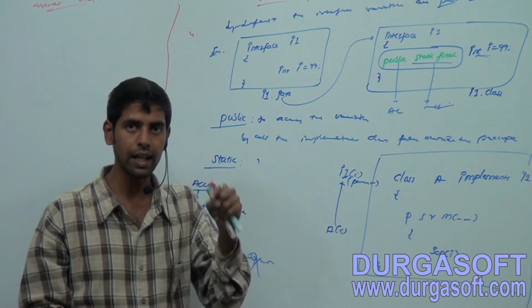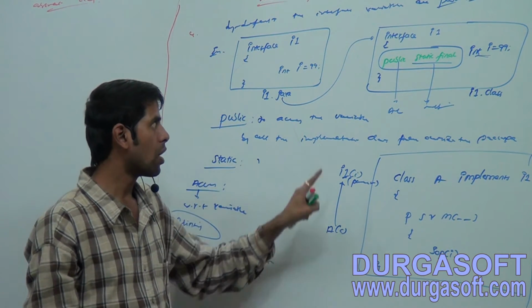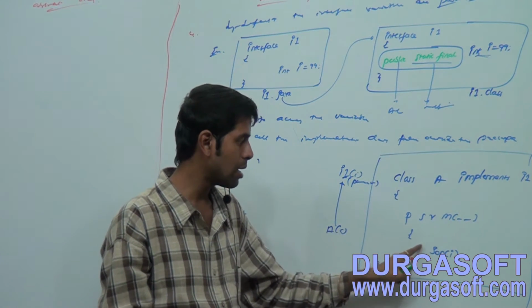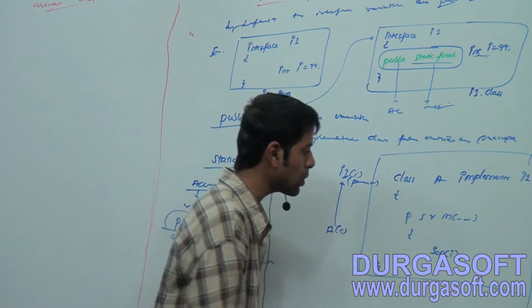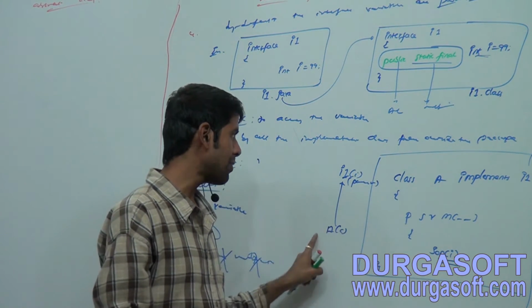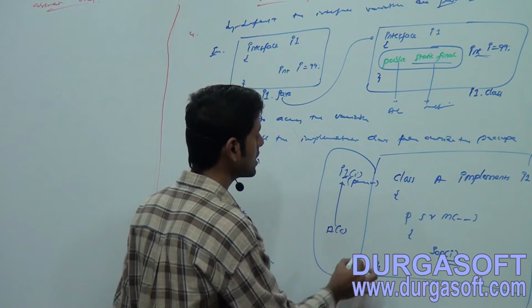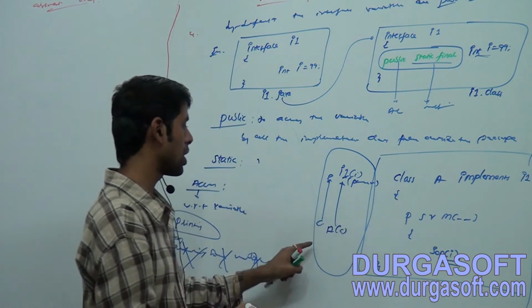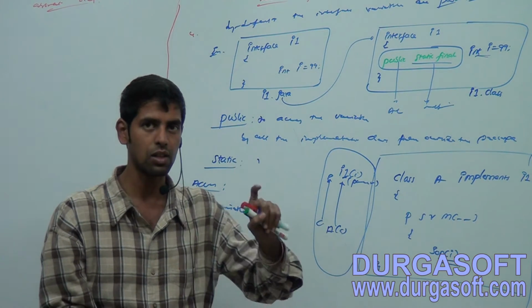Through inheritance in Java, whatever the parent has is by default available to the child, that's why I'm accessing this directly.